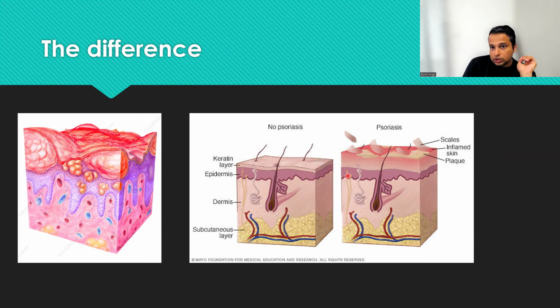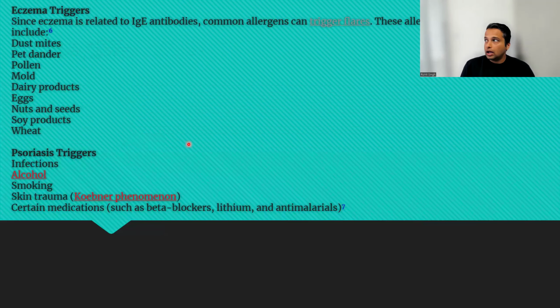This is normal. In psoriasis, what will happen is this keratin layer keeps growing. You see normal is very thin, but in psoriasis, they will grow up, and the layer facing the outside environment will turn flaky and turn white. And that is psoriasis. So if they look under the microscope, they can tell if you have eczema or psoriasis.